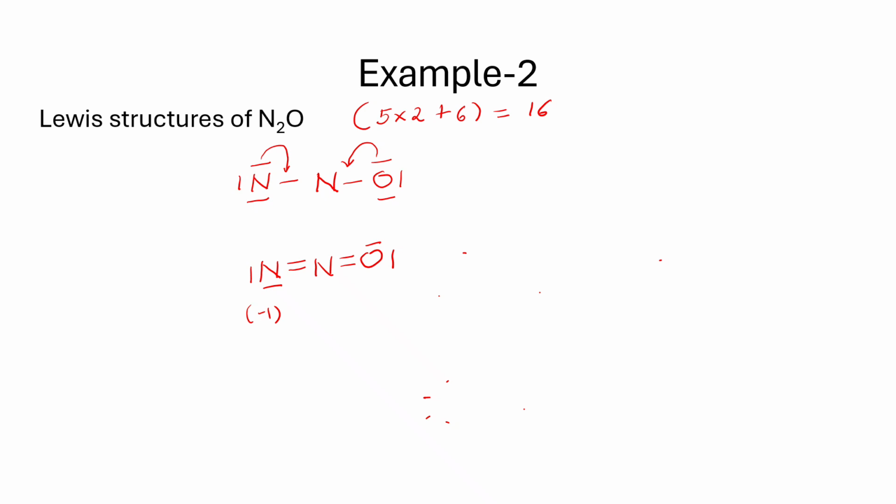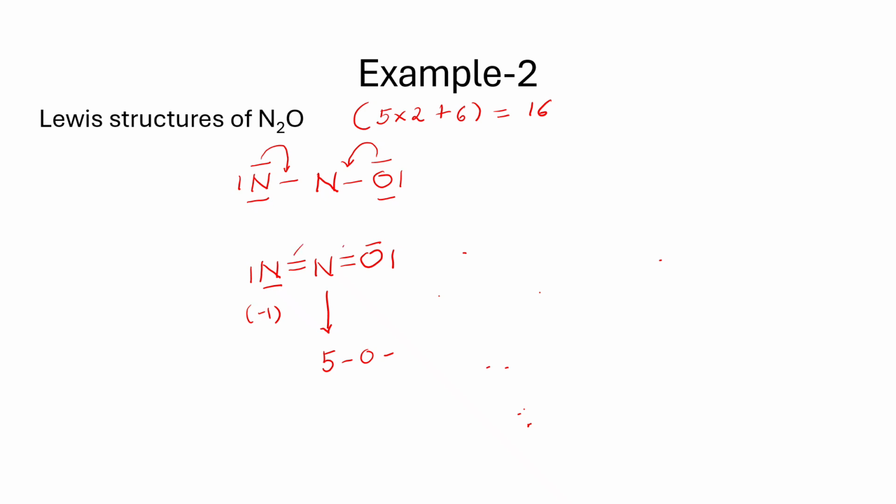Let's now calculate the formal charge on the central nitrogen atom. So the formal charge on the central nitrogen is going to be 5, which is the valence electrons on this nitrogen, minus the number of non-bonding electrons, which this doesn't have any. There are no lone pairs of electrons, so minus 0, and minus half the number of bonding electrons. So we can see that it has made 4 covalent bonds, 2 on this side and 2 on that side.